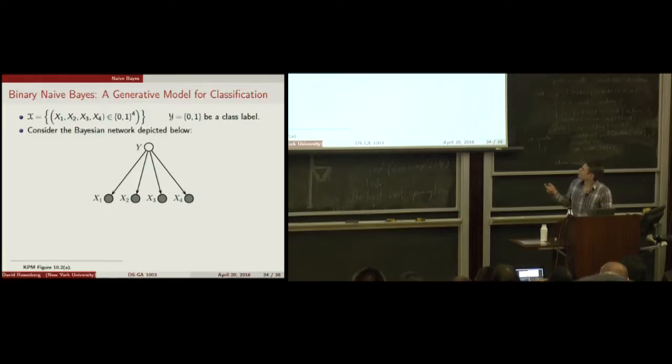So the Bayes net structure looks like this, where Y is like our label, but it's a random variable, and we'll say that it's binary. And x1 through x4 are also random variables, but we're going to think of those as features, and we'll say those are also binary.